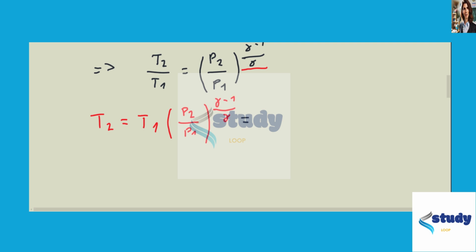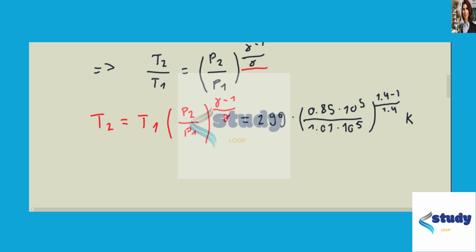Substituting the known values, we obtain 299 times 0.85 times 10 to the fifth over 1.101 times 10 to the fifth, to the power 1.4 minus 1 over 1.4.